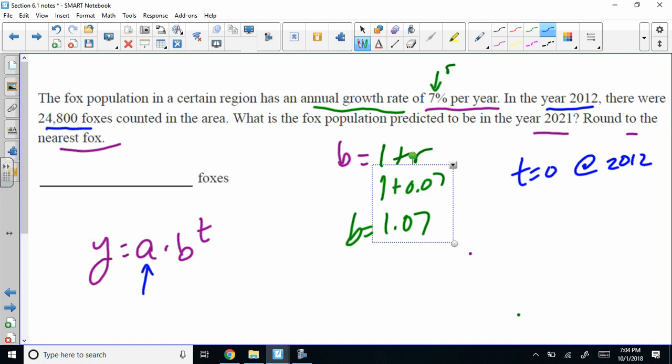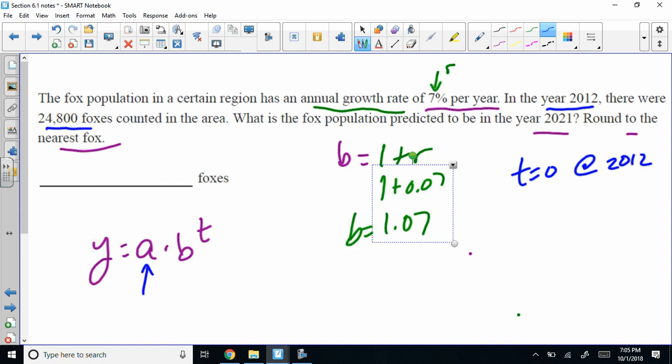So 2013 would be 1, 2014 would be 2, 2015 would be 3, and so forth. We're not going to be entering 2021 as an x value. It's just not going to happen. We're going to reset the clock, because we have to have an initial value. Since they told us at 2012 there were that many foxes, we can say, starting now, going forward.